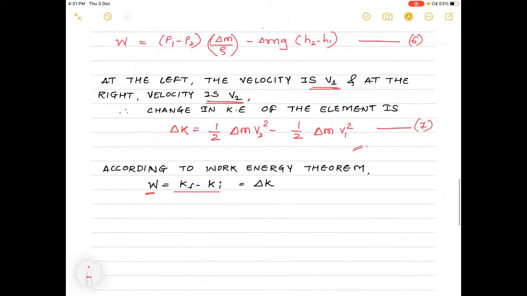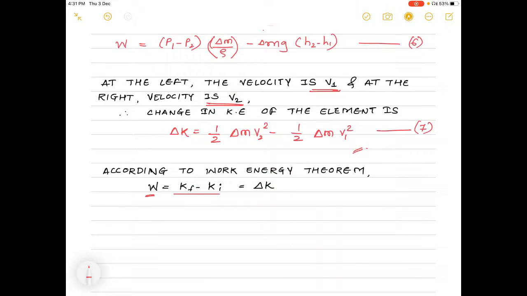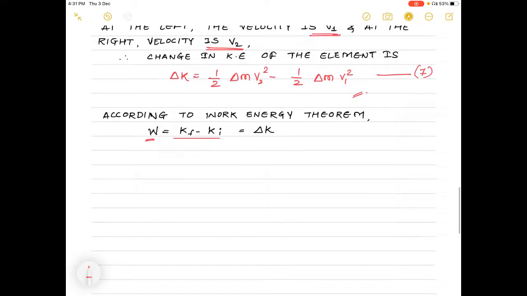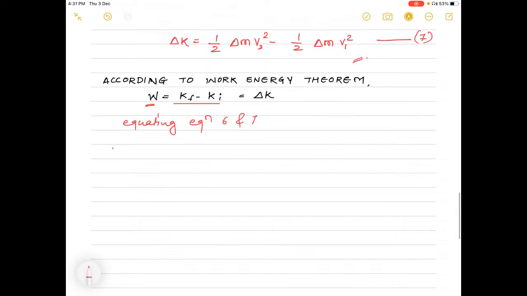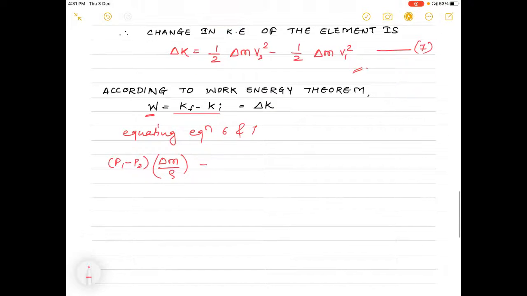By equating them, we get (P1 minus P2) delta M by rho minus delta Mg (H2 minus H1) is equal to the change in kinetic energy, that is half delta M V2 square minus half delta M V1 square.